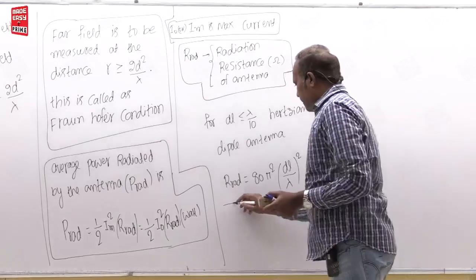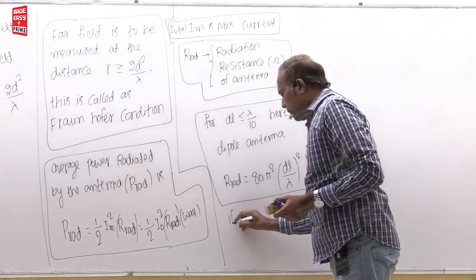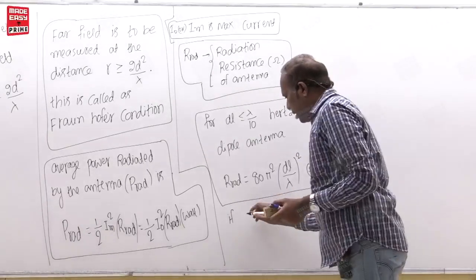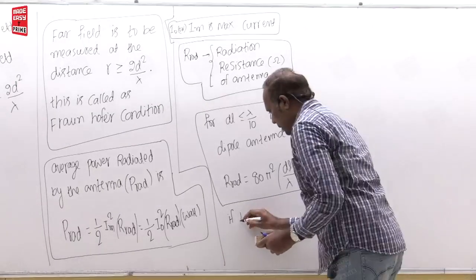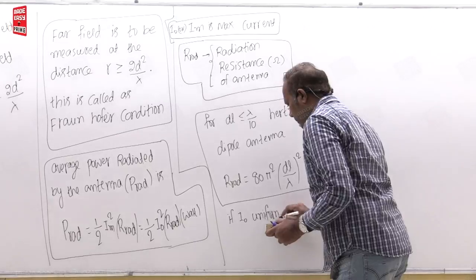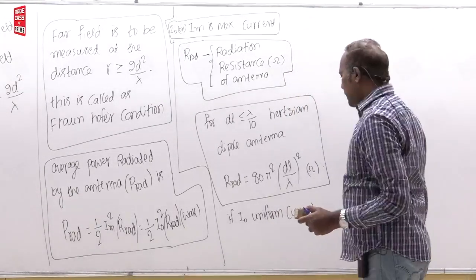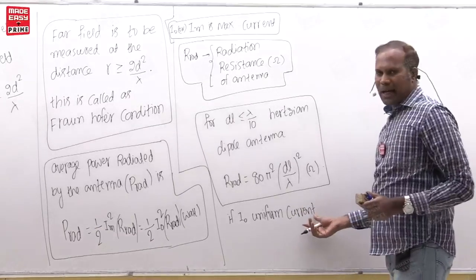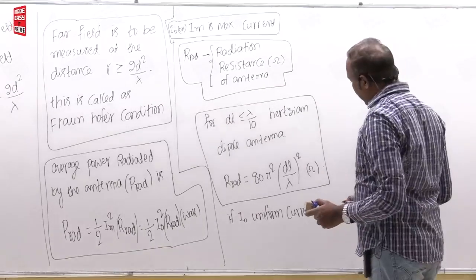Okay, this is the formula. I naught is the uniform current. Uniform current means constant current in the entire height of the antenna.